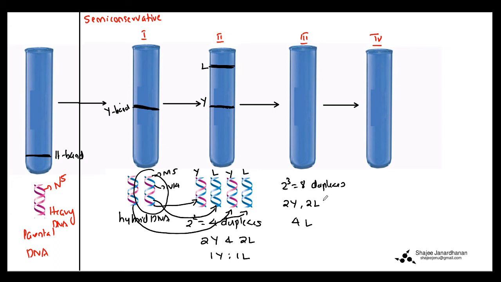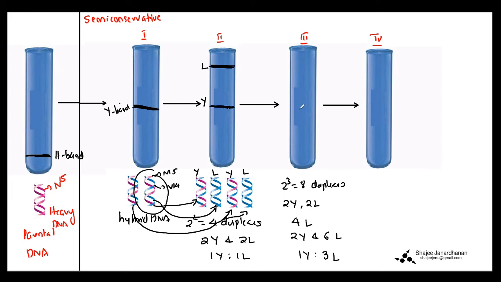Out of that, 6 will be light duplexes and 2 will be the hybrid ones. So you have 2 hybrid and, sorry, not 8, it will be 6 light DNA duplexes. So from the ratio in the second generation, which was 1:1, now the ratio has changed to 1:3.